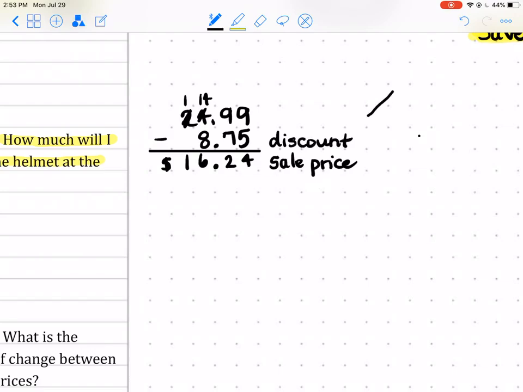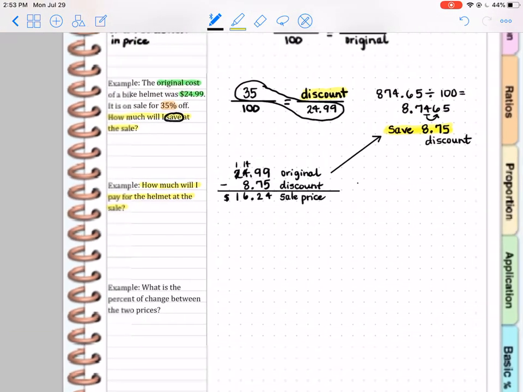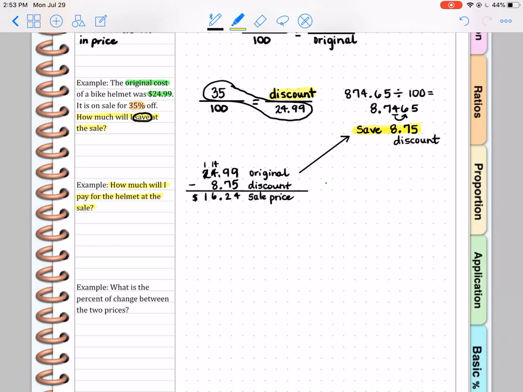That is that number. And then the original we were given. So this is the way to find a sale price. And the answer here is $16.24.